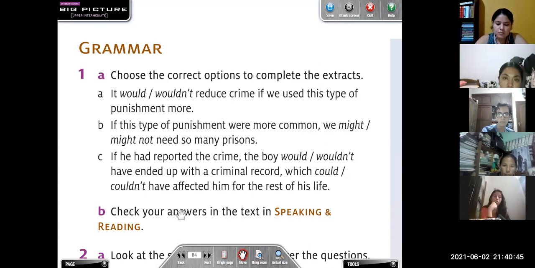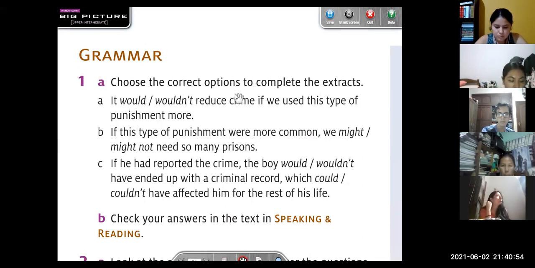Do you remember how many conditional sentences we have in English? Any of them that you remember? Any type of conditional that you remember? No, none.